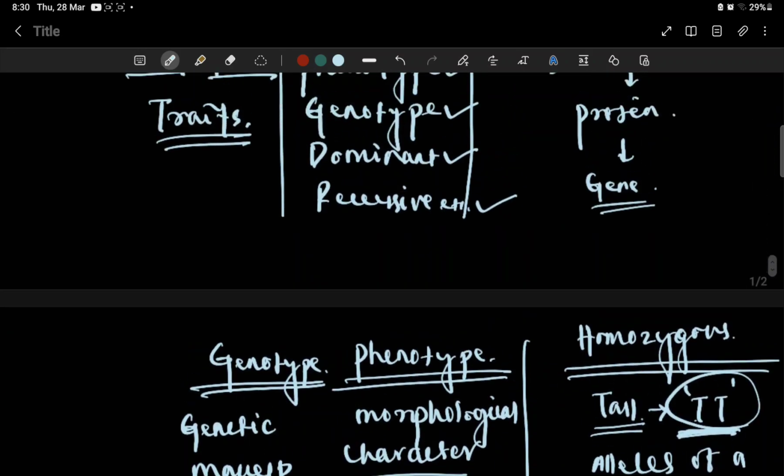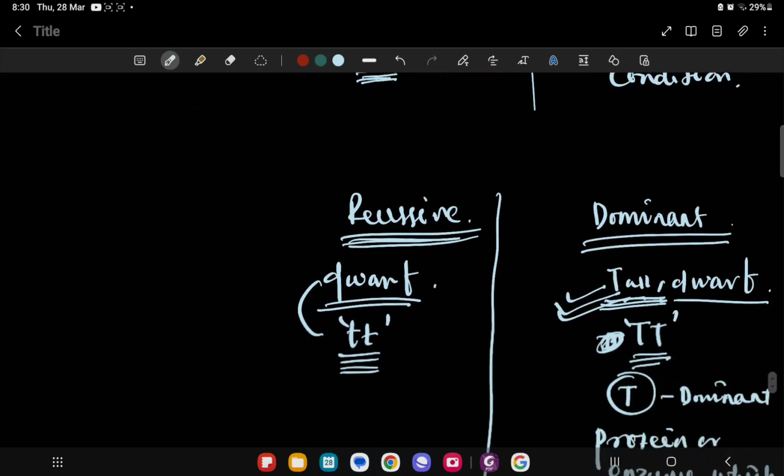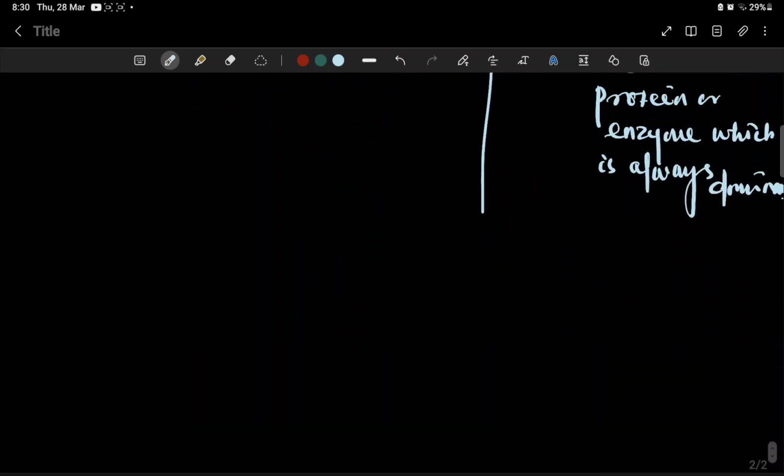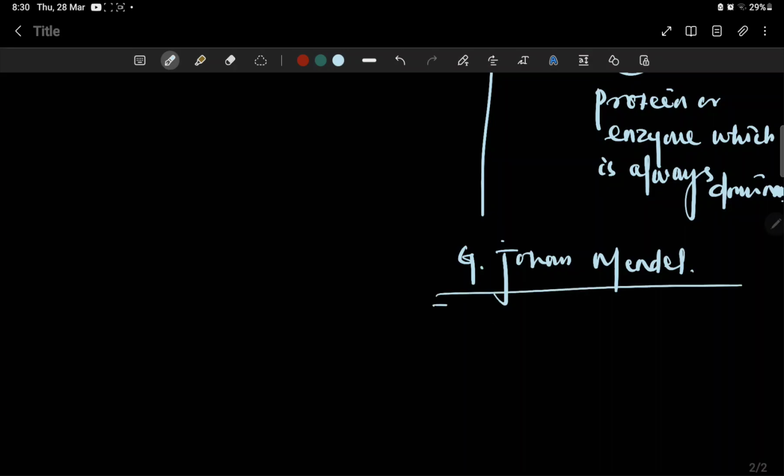Now we understood all the terms. Now come to the history of genetics. There was a scientist called Gregor Johann Mendel. He was a scientist and he experimented with the pea plant.